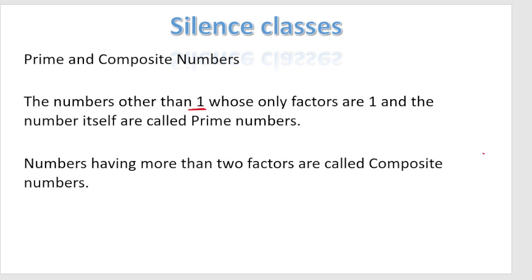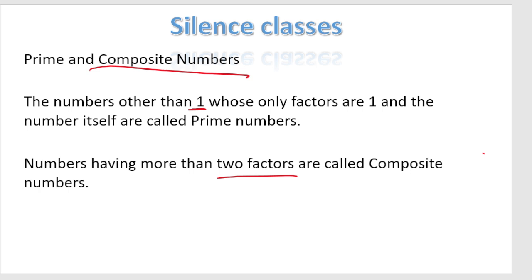Now what are composite numbers? Numbers having more than 2 factors are called composite numbers. All the prime numbers are having only 2 factors. Any numbers which are having more than 2 factors are known as composite.